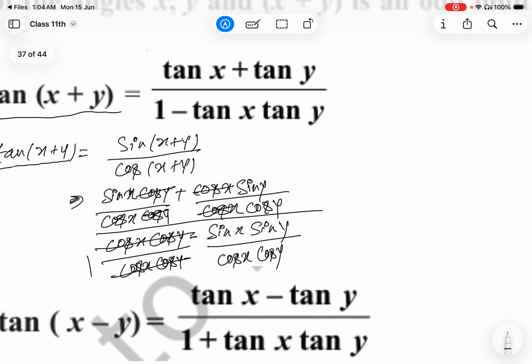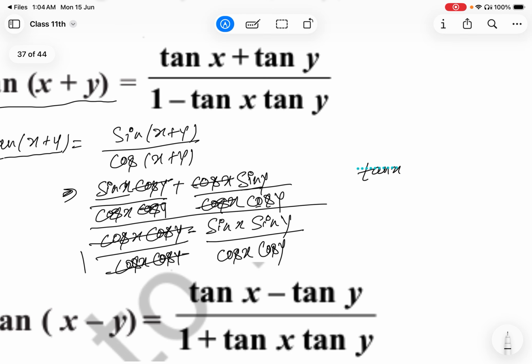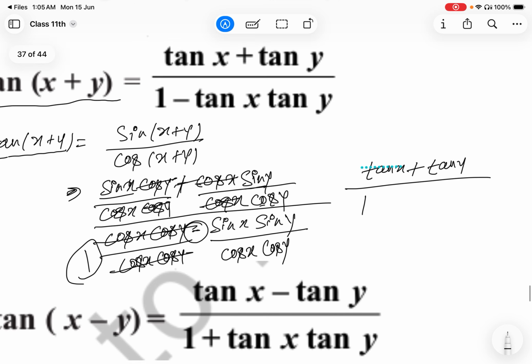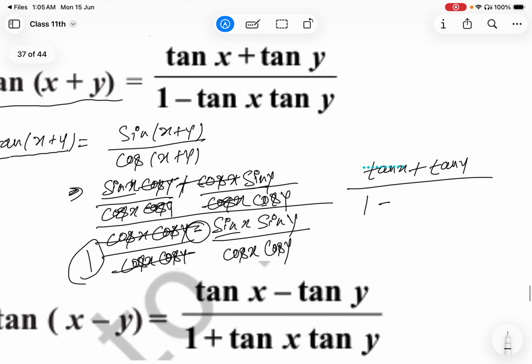So now we have sin x by cos x, that is tan x, right? Here we have sin y by cos y, so in between we have the plus sign, so plus tan y, right? Now in the denominator we have 1 and the minus sign, minus sin x by cos x, that is tan x, and sin y by cos y, that is tan y.